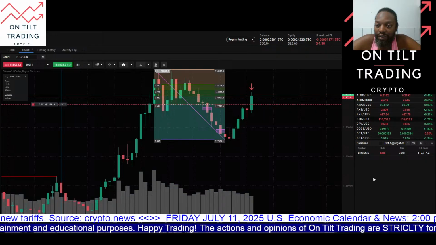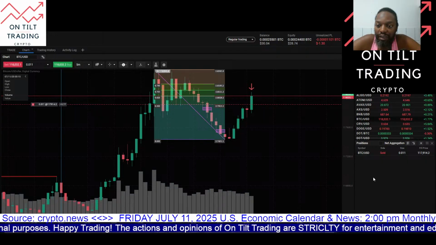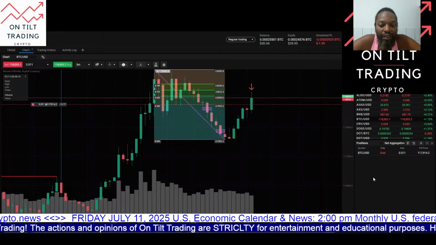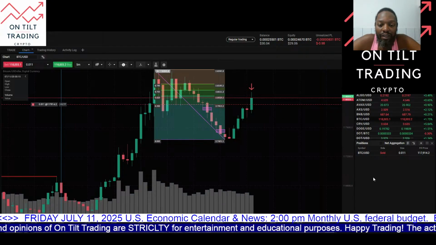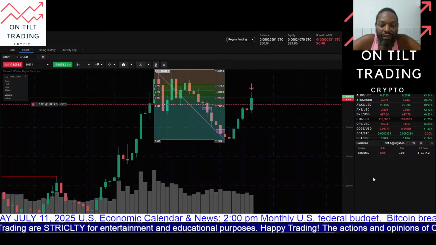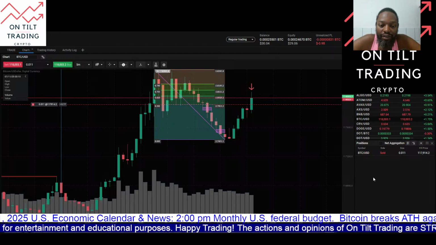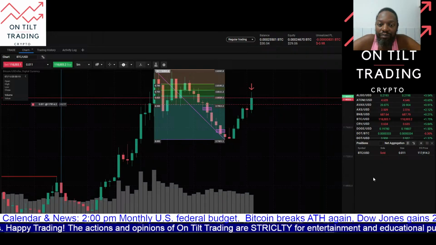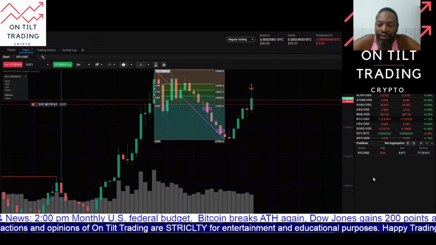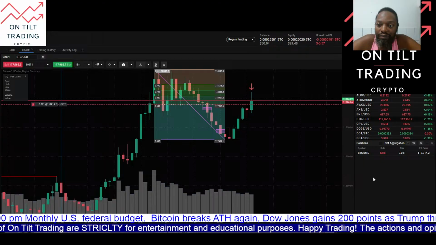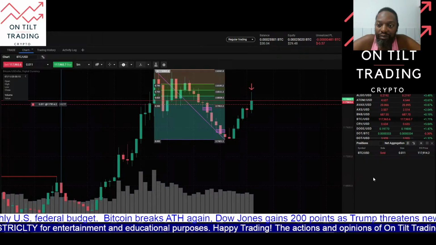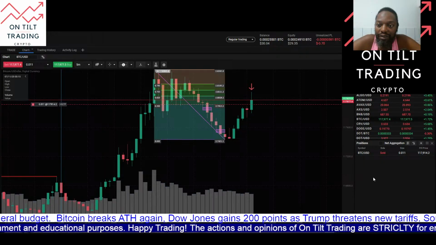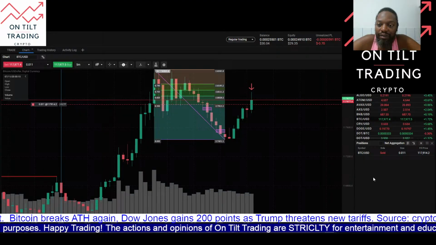So this is why I like to place my stops at the edges of the session, just due to the fact that price action can get aggressive during these potential reversals. Price trading at the 118 level, now trading down near the 117,980 level.